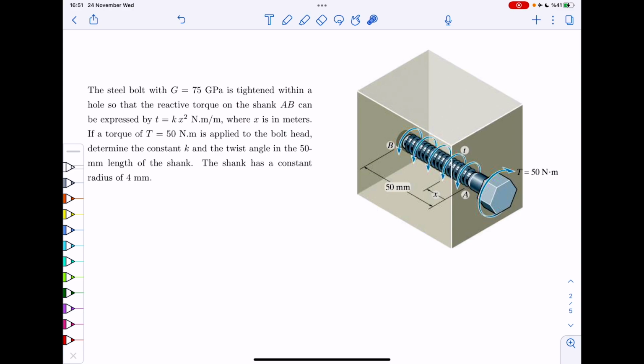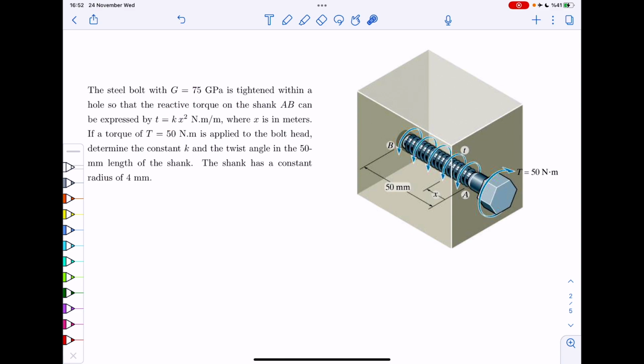Okay, so we proceed exactly as before. We write our equilibrium equations to get the internal torque, and then we integrate that internal torque through the bolt to get our angle of twist. But there is a little interesting part here, that this K itself is unknown.